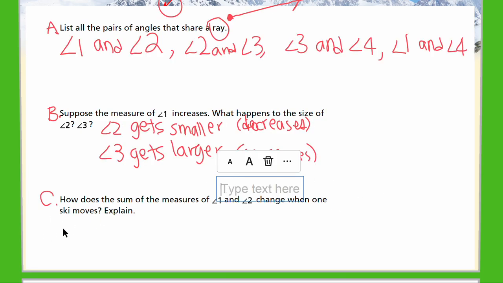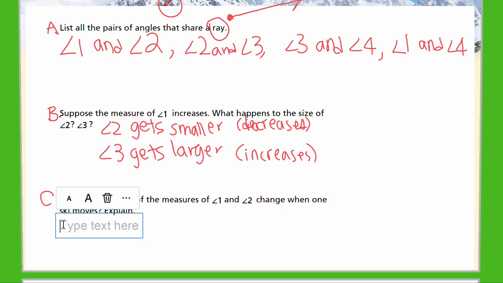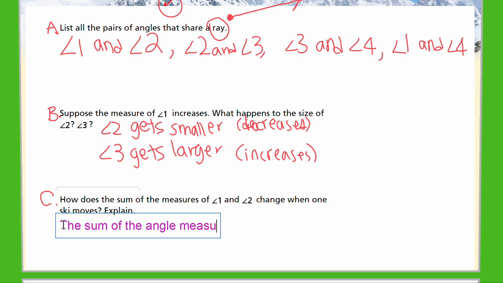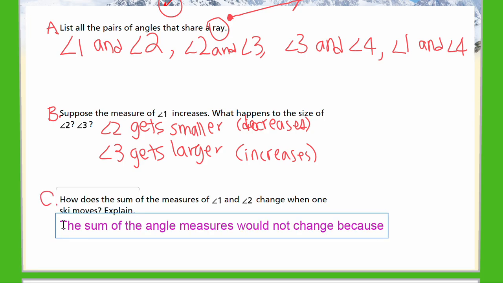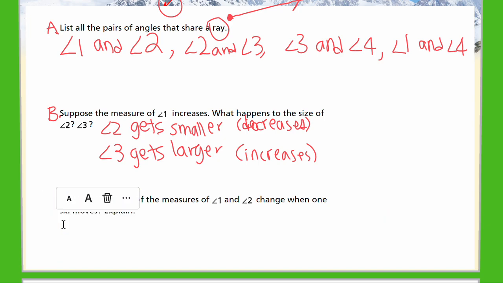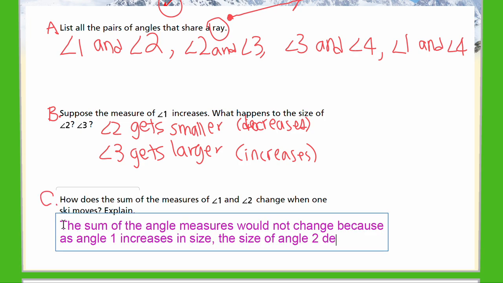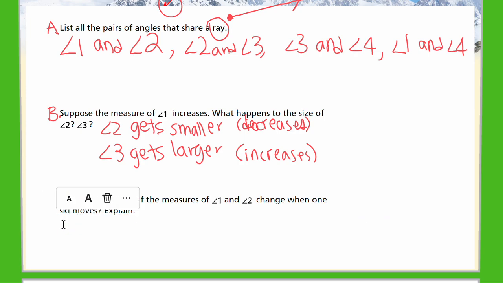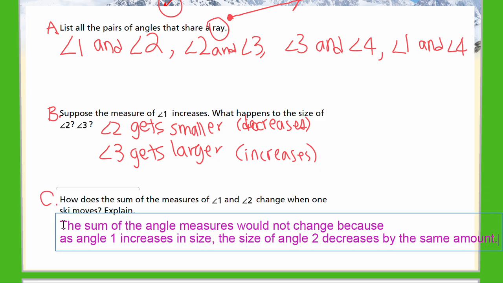So let's first write the explanation part, and I'll talk about the vocab a little bit. The sum of the angle measures would not change because as angle 1 increases in size, the size of angle 2 decreases by the same amount.